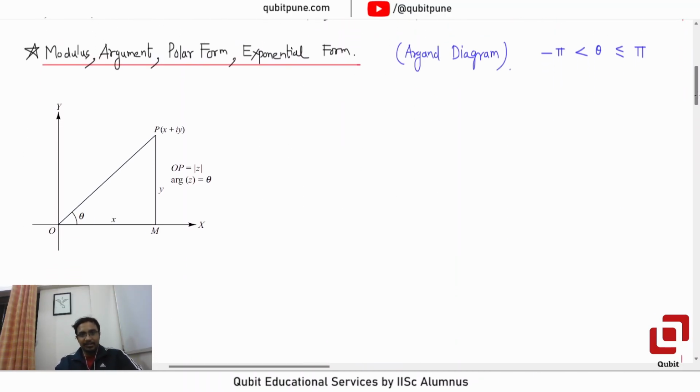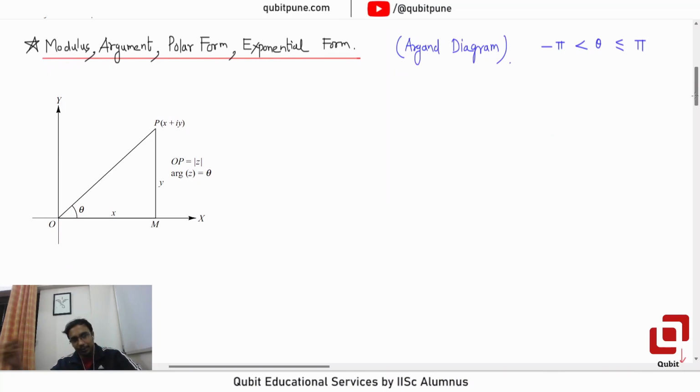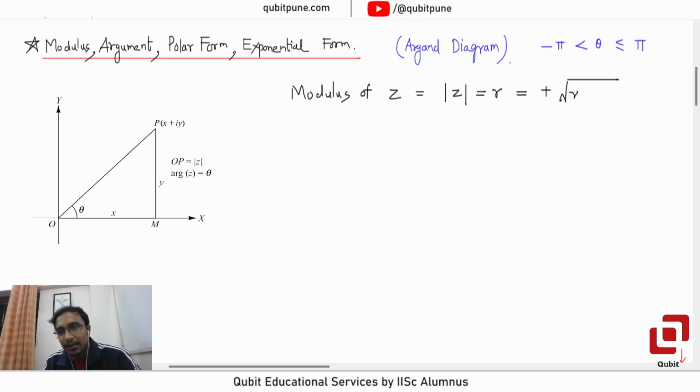Okay, let's now discuss a few more terms. First one is modulus. Modulus of a complex number z, denoted by mod z, also denoted by r, is defined as the positive or non-negative square root of the square of the real part and the square of the imaginary part.